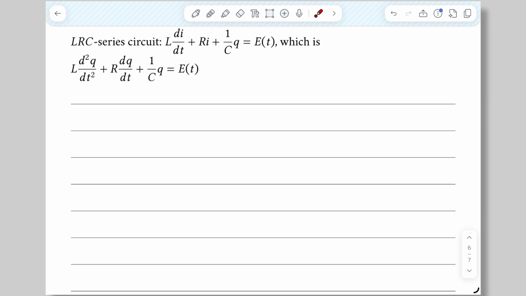And that gives us our model for an LRC series circuit. Since i is dq/dt, its derivative is the second derivative of q with respect to time. And so the LRC series circuit has the model L d²q/dt² plus R dq/dt plus 1/C q equals E(t).